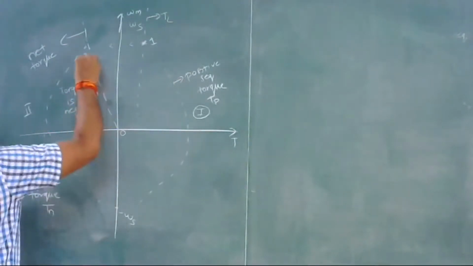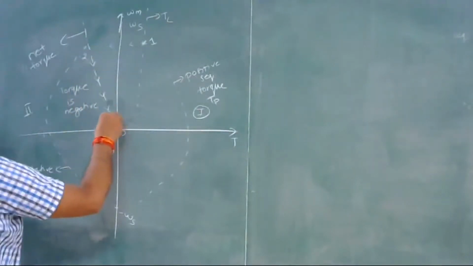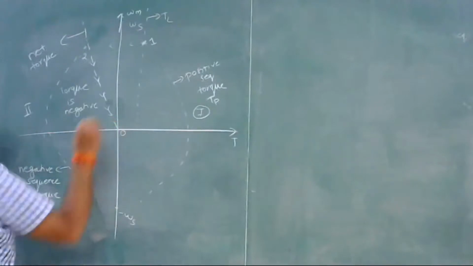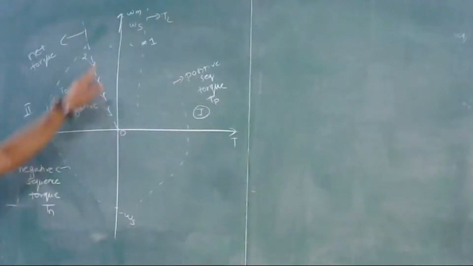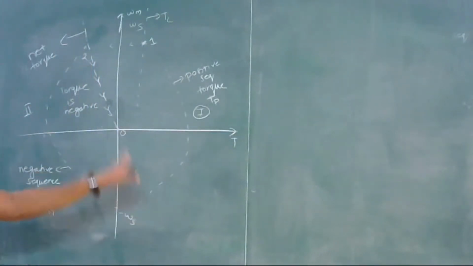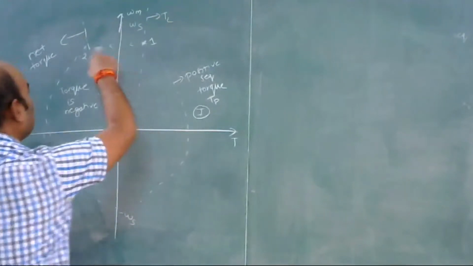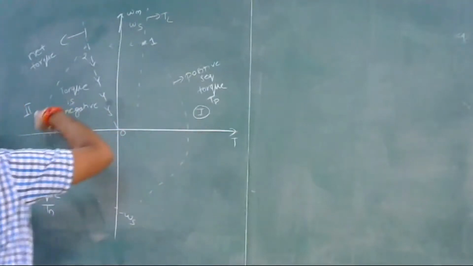So the motor will decelerate, follow this curve, and this will become 0. Here torque and speed are both 0, so there is no question of reverse speed. For AC dynamic braking, the characteristics change from first quadrant to second quadrant.